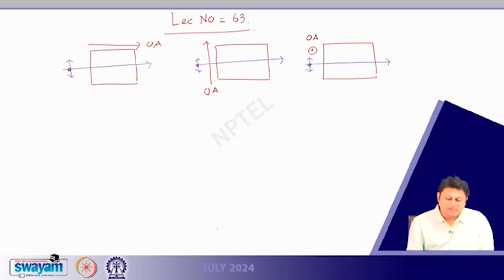However, in the other case, one is perpendicular and another is parallel. In this case also one is perpendicular and one is parallel.